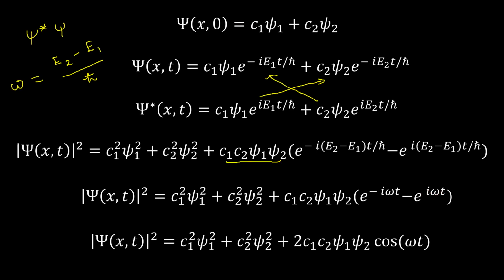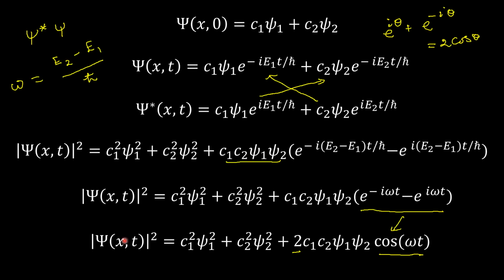We know that e^(iθ) plus e^(-iθ) is equal to 2 cos θ. So I am replacing this by 2 cos ωt. Here I have taken 2 and cos ωt. So I have replaced this.